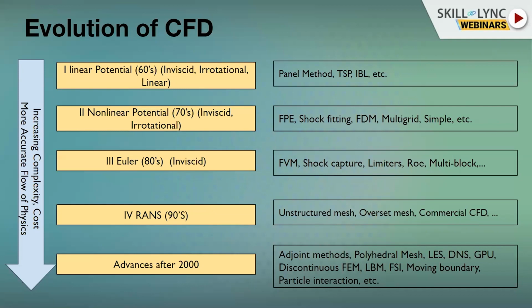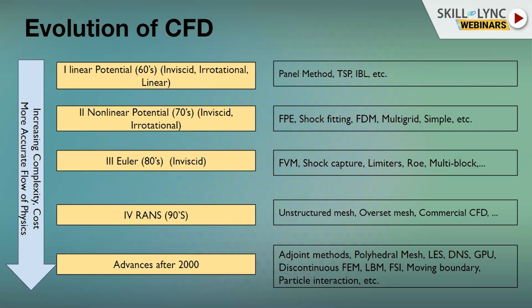And with time, people started putting the non-linearity effect into it and trying to solve more iterative kinds of problems, where the full potential equation is solved, and with shock fitting techniques, the finite difference method evolved and got used in CFD.